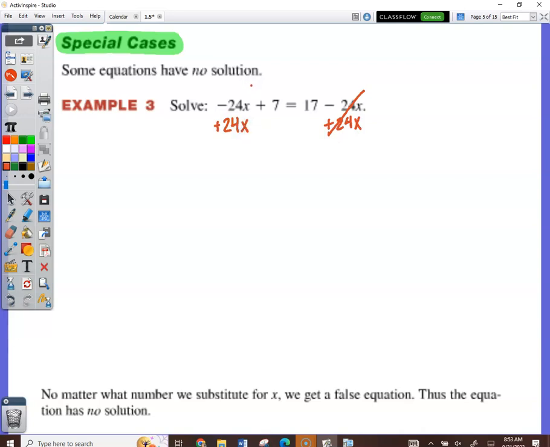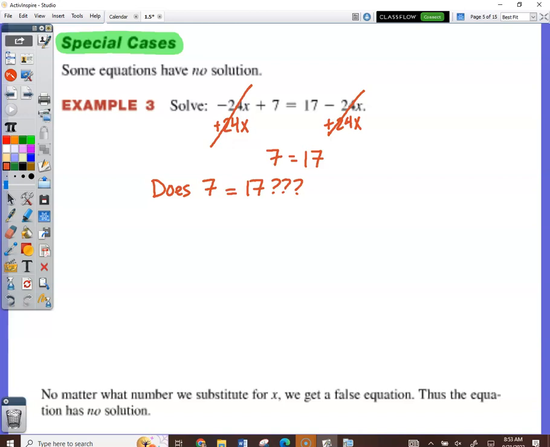But what happens? That goes away. I'm left with 7 equals 17. It's a statement. You have to ask yourself, does the statement make a true or false claim?